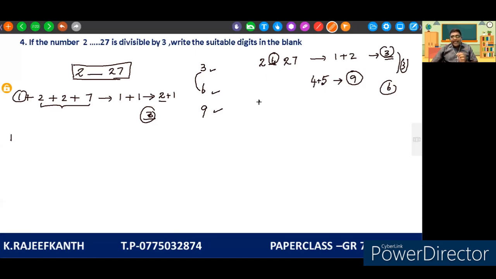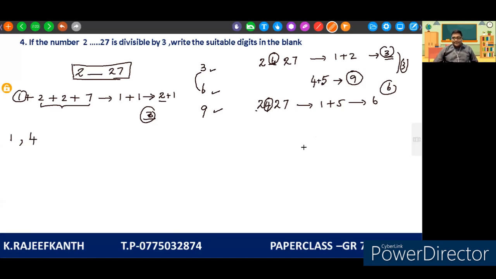So we have to write 4 in that blank. Here we can check it. 2 plus 4 is 6, 6 plus 2 is 8, 8 plus 7 is 15. That means 1 plus 5 is 6. So in this blank, we can write 4 also. Then the second answer is 4.